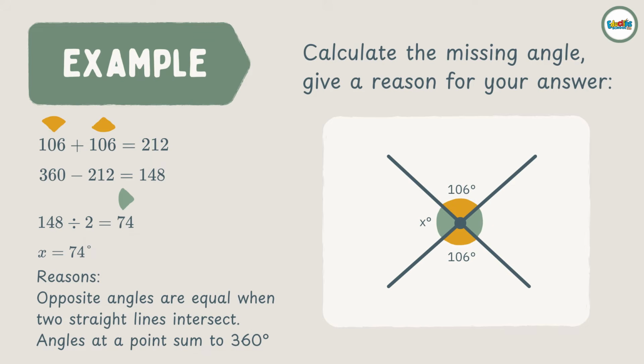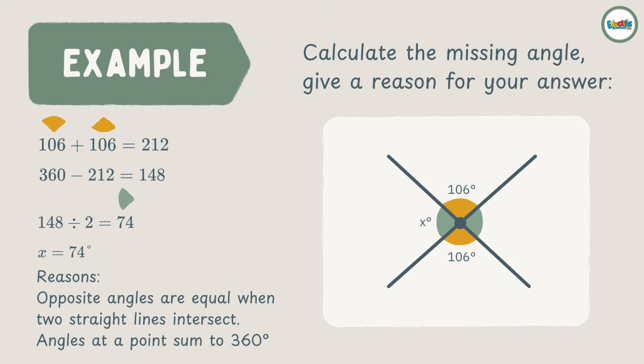So now what I need to do is to take my 148 degrees and divide it by 2, or halve it. 148 halved or divided by 2 is 74.